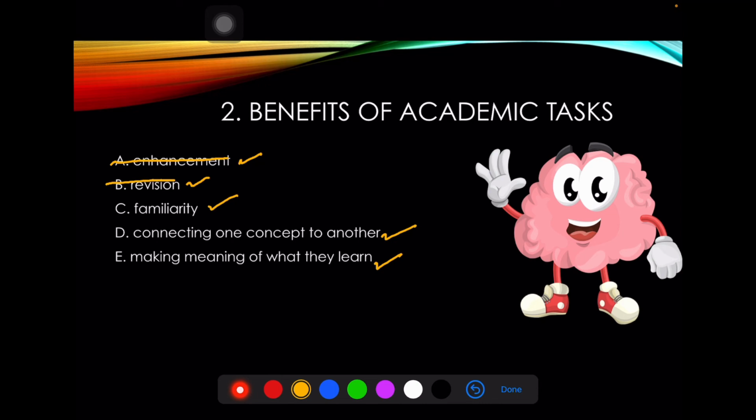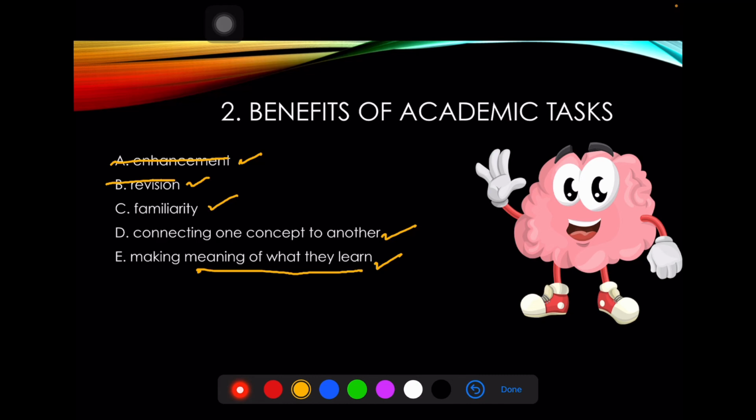Connecting one concept to another, let's say the student can connect what they learn in chapter 1 with what they are learning in chapter 2 and what they are going to learn in chapter 3. So that is a connection. And making meaning of what they learn is what they understand, and then they write it down.